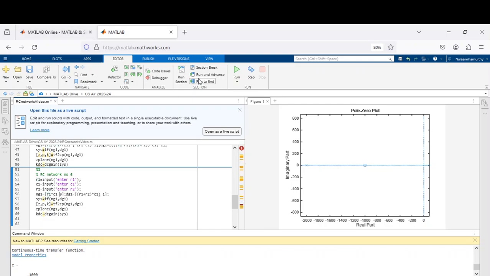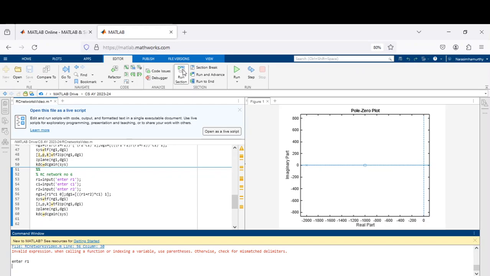Now let me run again. Okay, there's a mismatch here. This is the sixth one. Let me run.